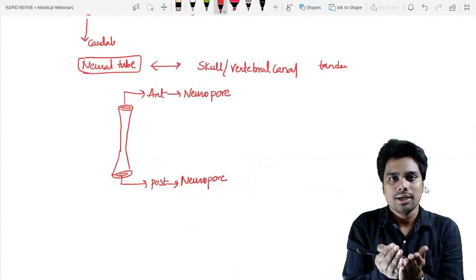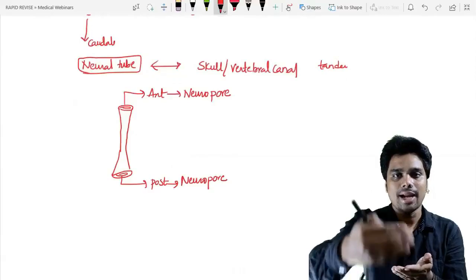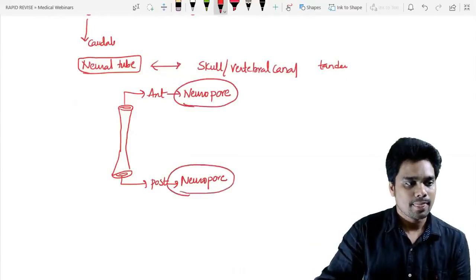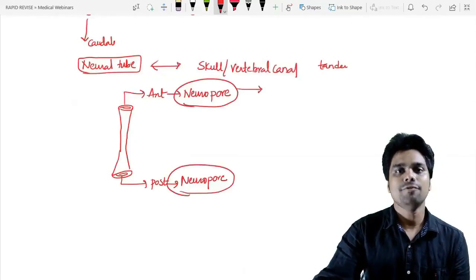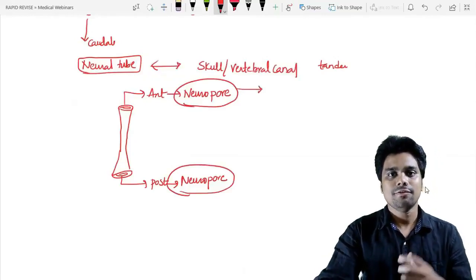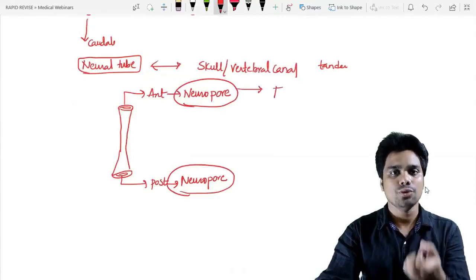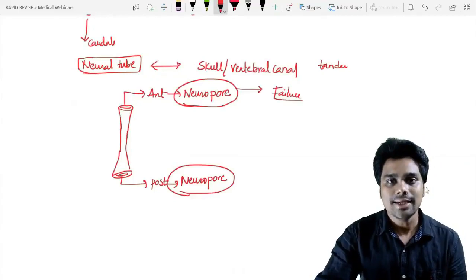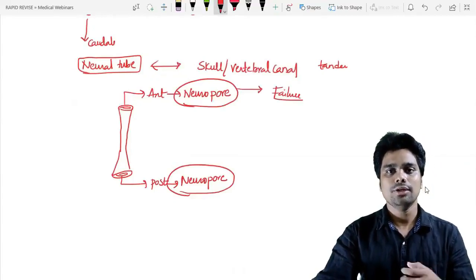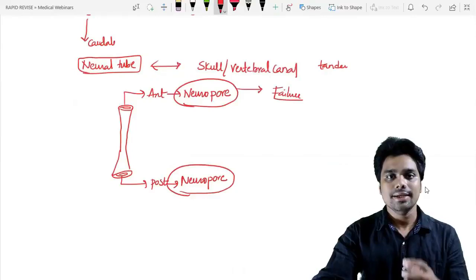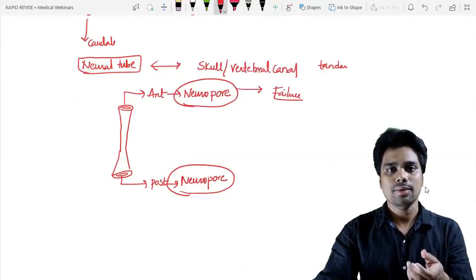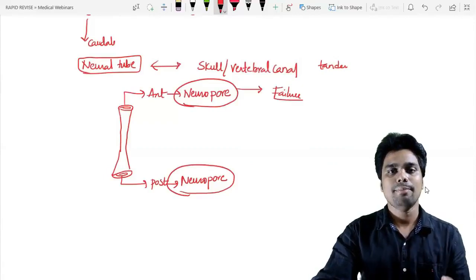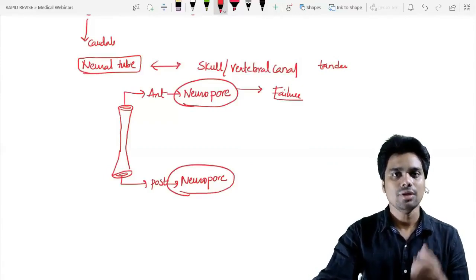This fusion gets delayed in the anterior and posterior aspects, so the neuropores fuse later. But in a few children, there is failure of fusion of these neuropores, and this leads to development of neural tube defect. So if you understand the development of the neural tube and the fusion of the neuropores, then it is easy to understand the pathophysiology behind the development of neural tube defects.